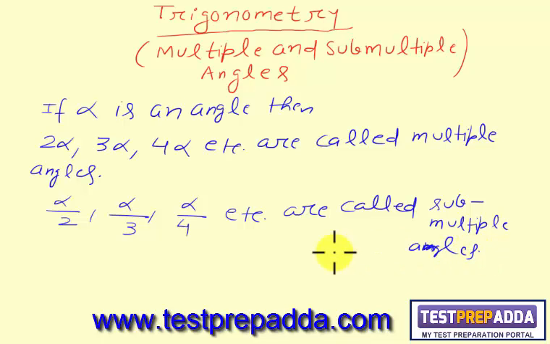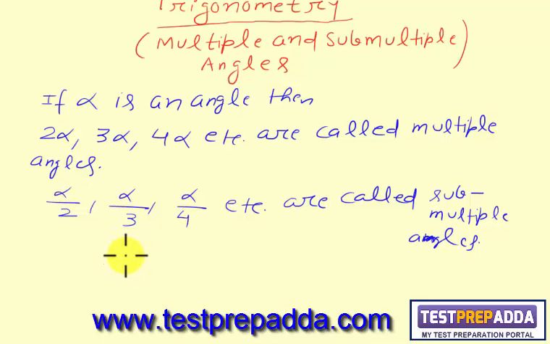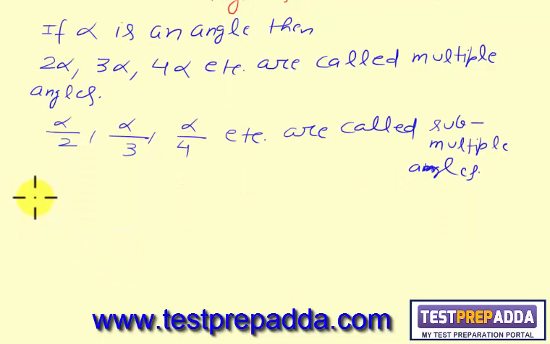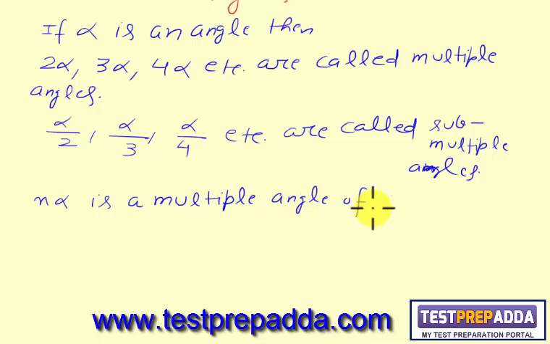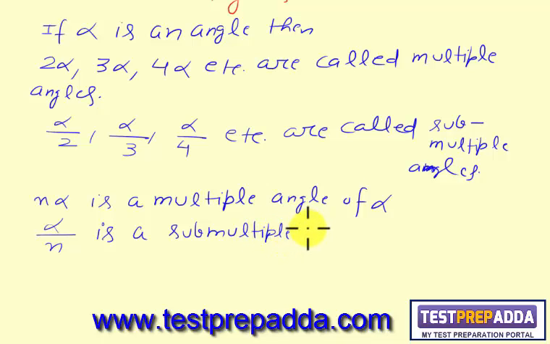Okay. In general, what can we say? If I write n alpha, it is a multiple angle of alpha, while alpha by n is a submultiple angle of alpha.